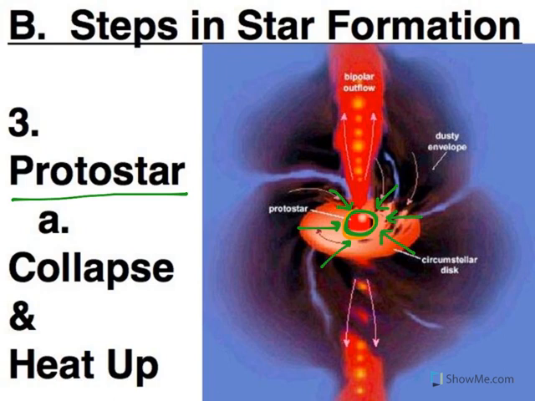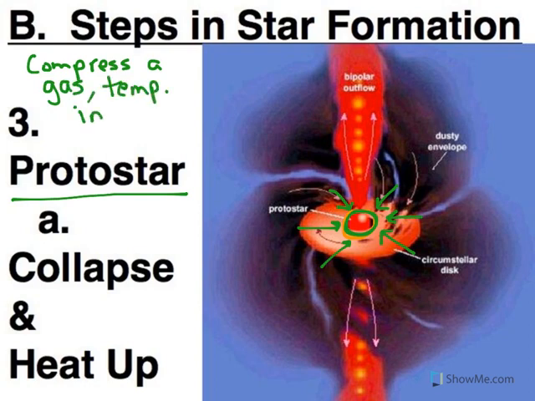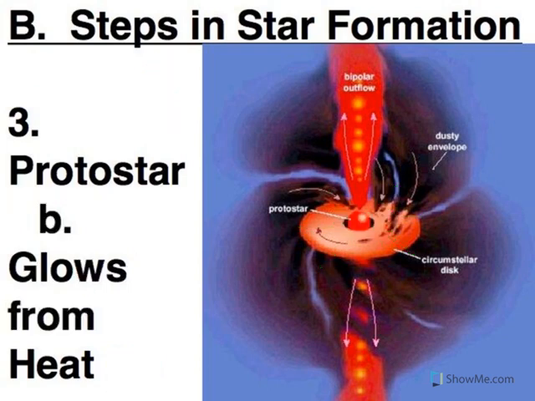And recall from gas laws, if you take a gas and compress it, it's going to get hotter. So the temperature is going to increase. So that's going to happen here with our protostar. Because it's continuing to get smaller and smaller, it's going to continue to get hotter and hotter. So initially that heat is our one source of energy.